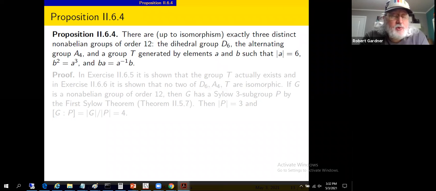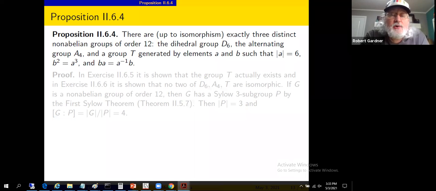Now, the tricky part will be to establish that there are only these non-abelian groups. Of course, we've got abelian groups taken care of. That's why there's no comment about abelian groups in this or the previous proposition. We've got abelian groups classified by the fundamental theorem of finitely generated abelian groups.